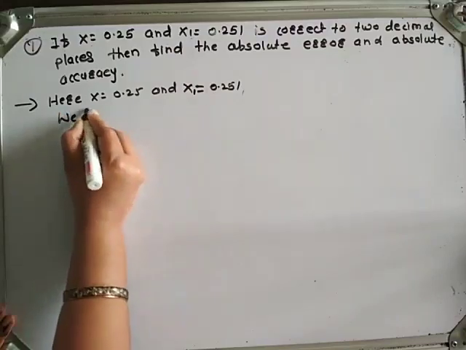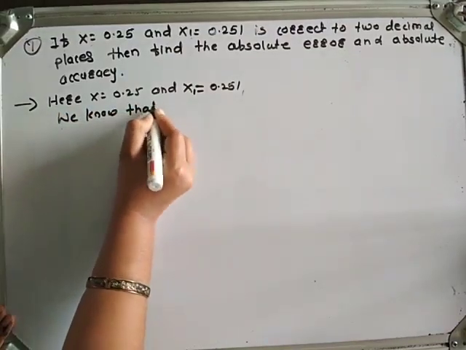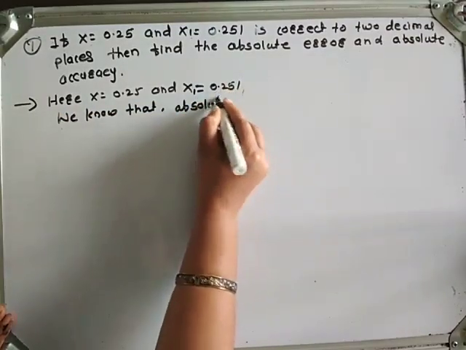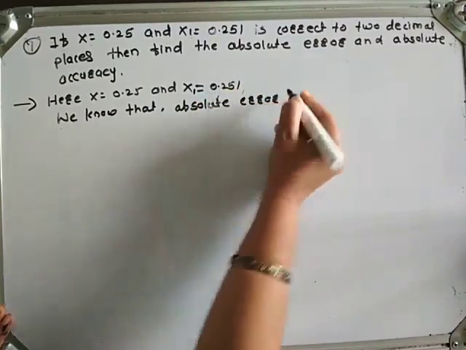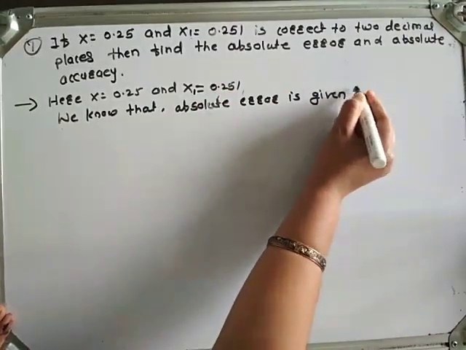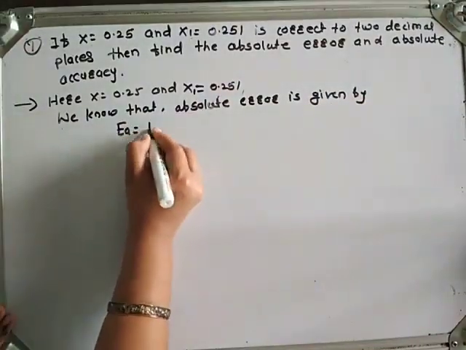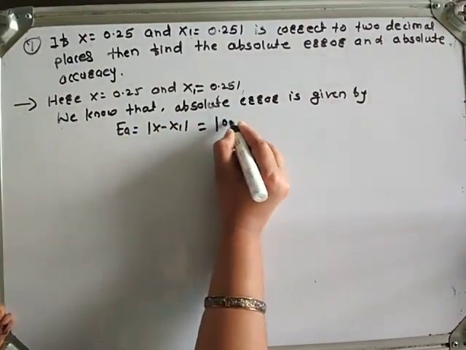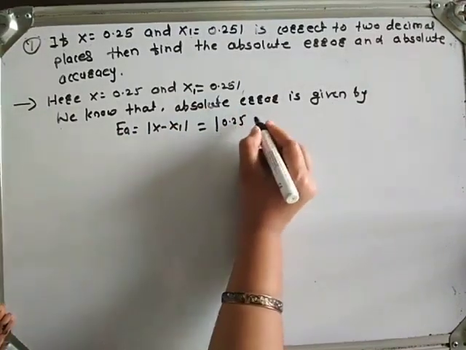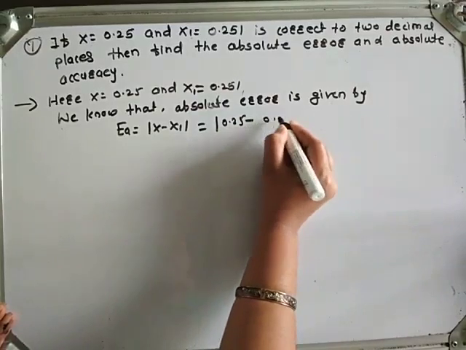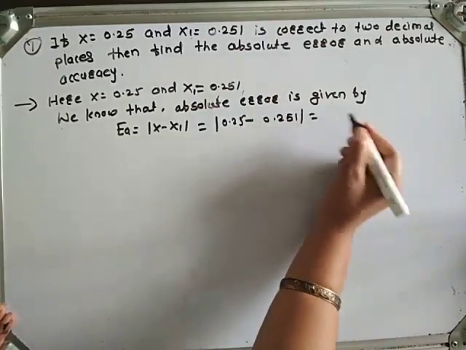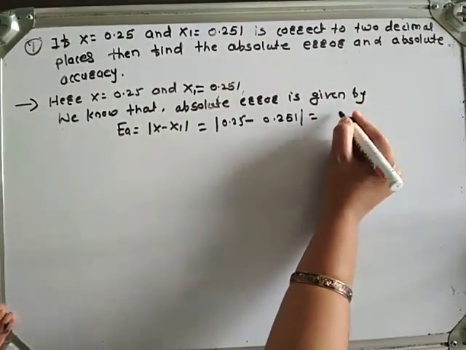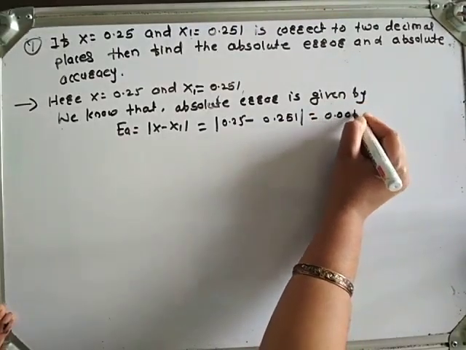We know that absolute error is given by EA is equal to mod x minus x1, which is equal to mod 0.25 minus 0.251, which is equal to 0.001.